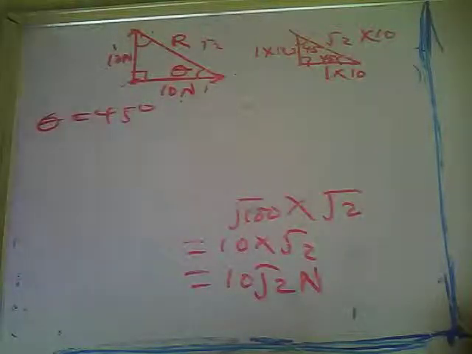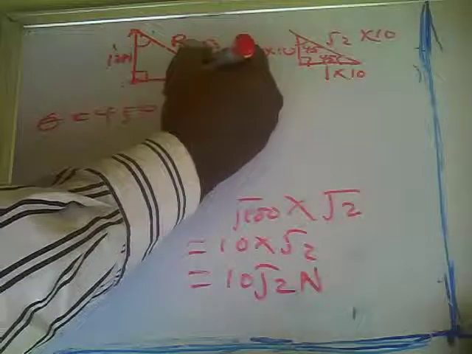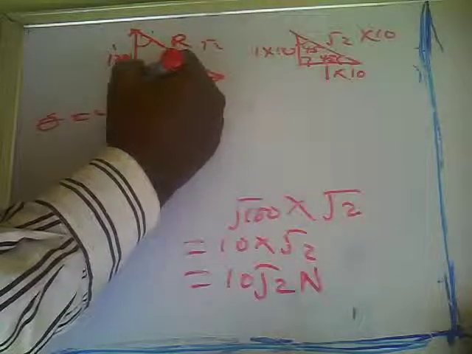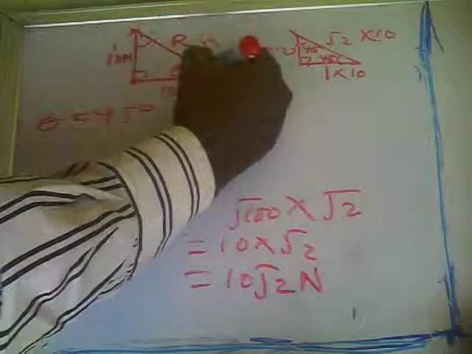Now, when we look at that question, we have 45 degrees what? Is it 45 degrees west or 45 degrees east? Now, we need to know that this is 45 degrees what? This is not 45 degrees from here. We count from here 45 degrees up.